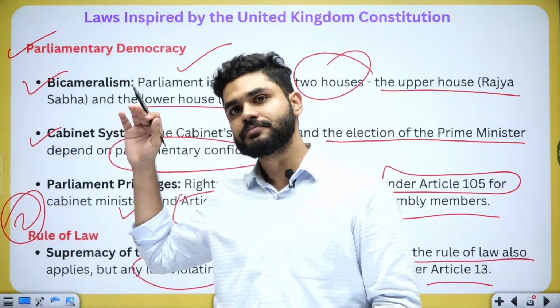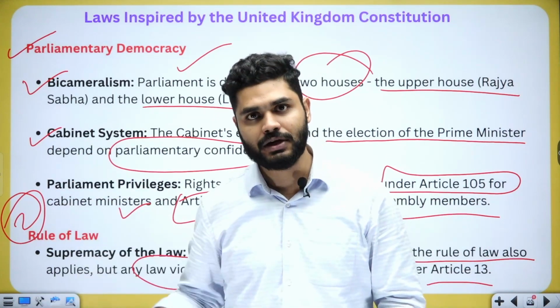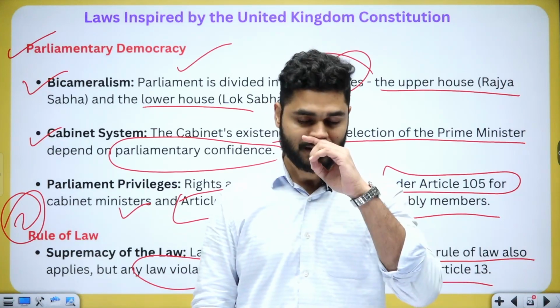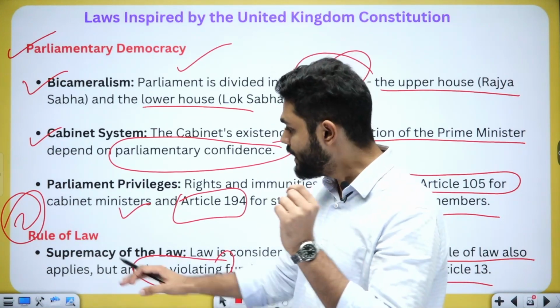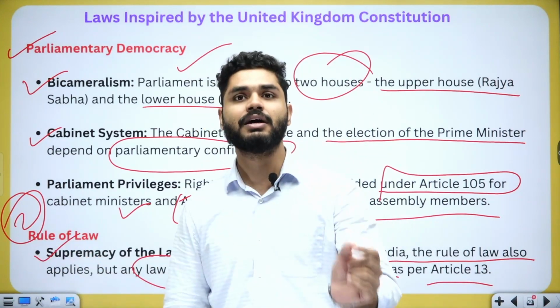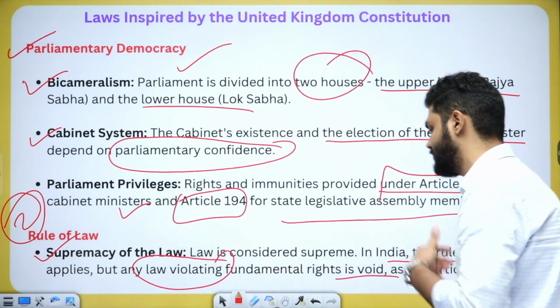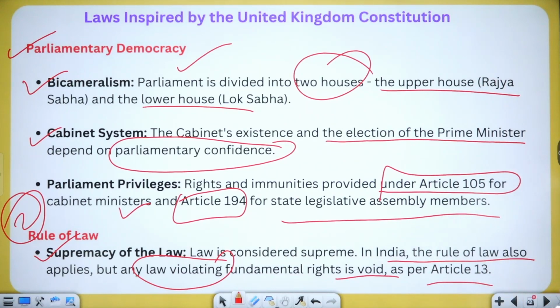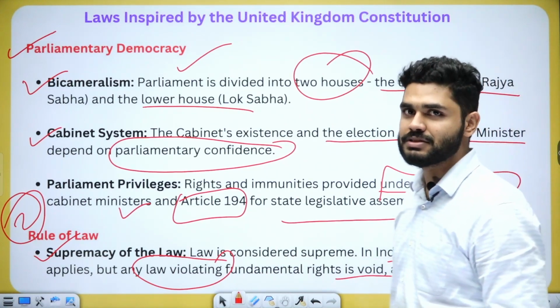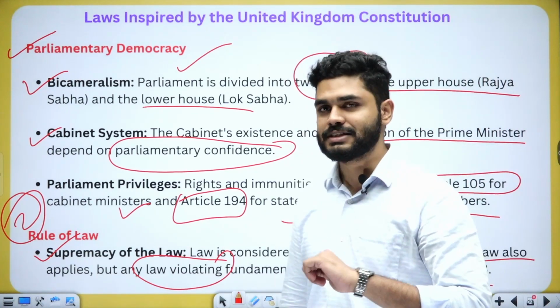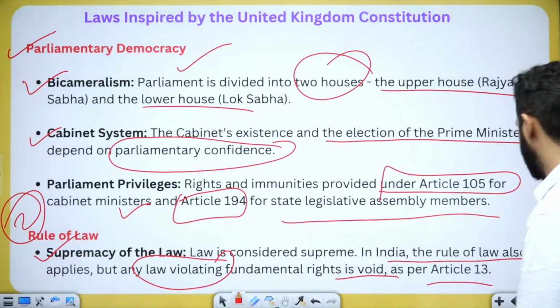So yes, there is a guarantee of fundamental rights, and the supremacy of law also, but the law should not, in normal circumstances, curtail the fundamental rights. Although then there is also the provision of national emergency, and then the situation gets dynamic, but we'll talk about it somewhere around the corner.